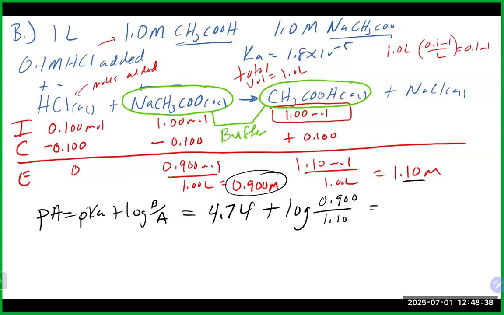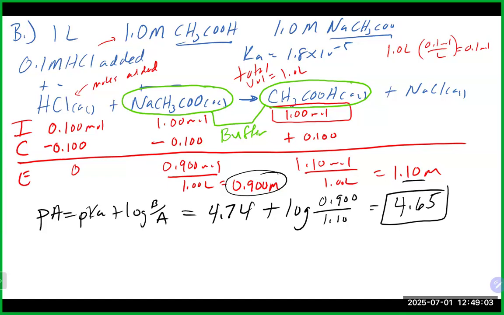And what we're going to see here is a pH of 4.65. Again, you could do an ice table with acetic acid. Just again, you need the initial concentrations on both sides, right? So that's important. Question on that.